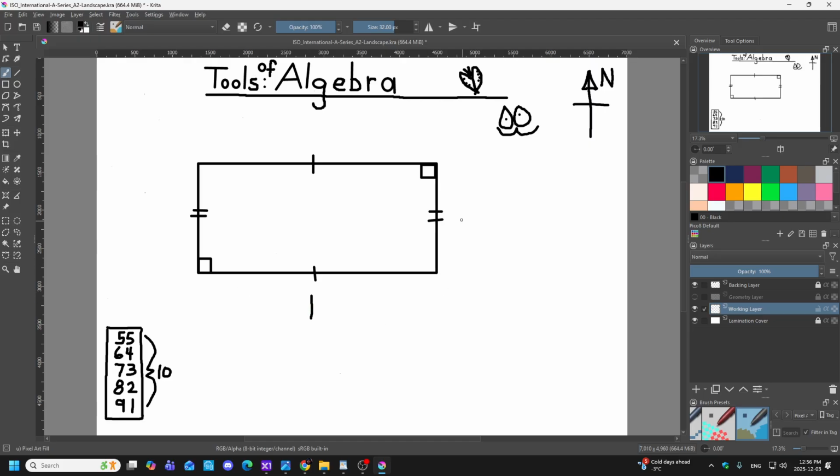Length and width. Naturally the length typically is the longest line segment. All right. The formula again, A equals L times W.